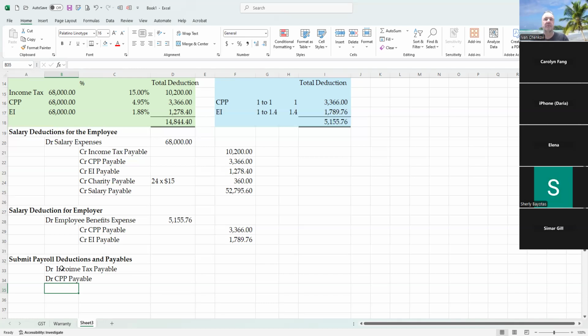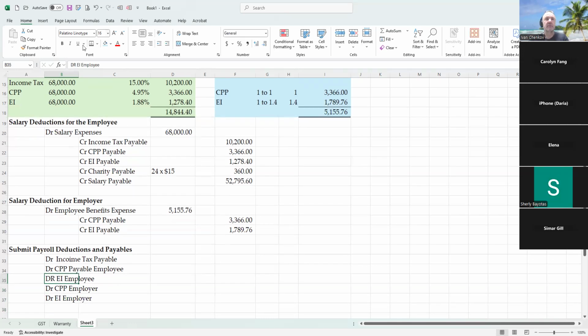Which way do you prefer to make it easier for you to catch? Separate, okay. That will be the employee. And then debit employment insurance employee. Then we're going to debit Canada Pension Plan employer. Debit employment insurance employer.